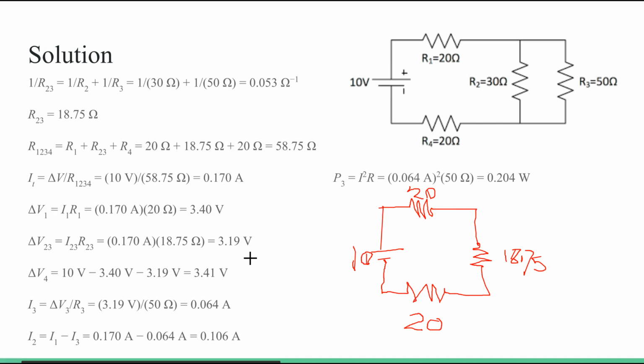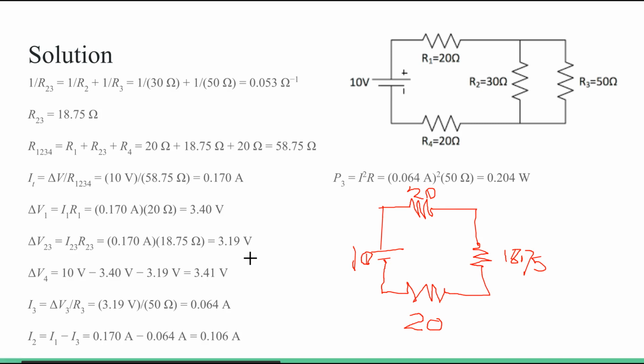So we already found one part of the problem. We found the voltage drop across R4. So now we can find the current going through resistors R2 and R3. So I3 equals the voltage drop across R3 divided by R3. What's the voltage drop across R3?